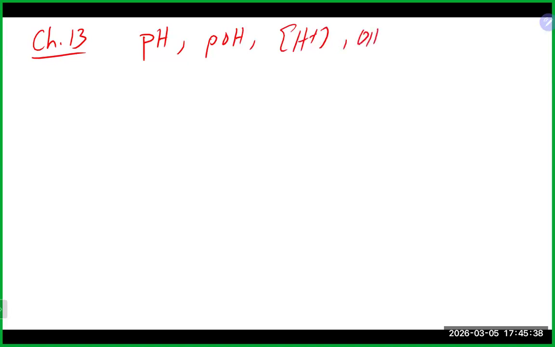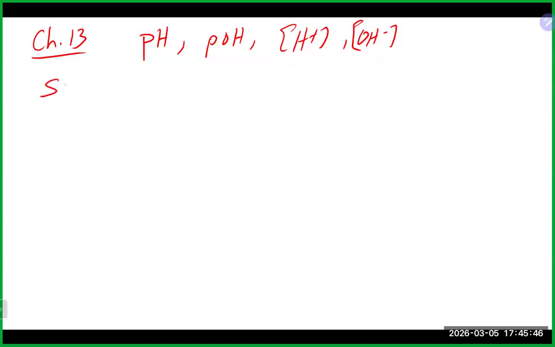So last time we kind of finished up talking about acids, bases, pH, pOH, H plus concentration, OH minus concentration. And we talked about it at the end there after the quiz about strong acids and strong bases.